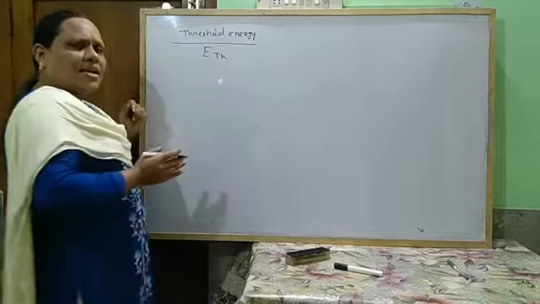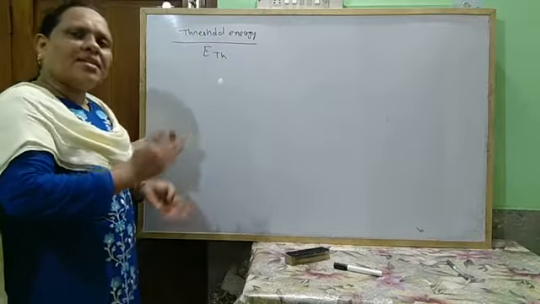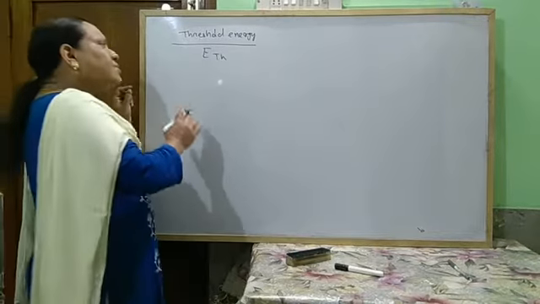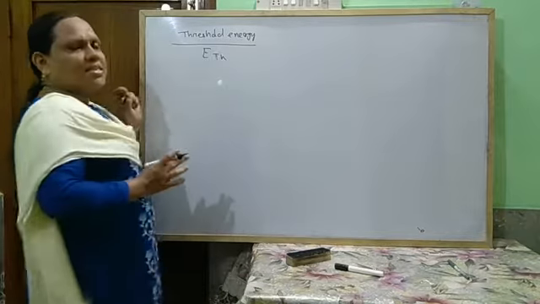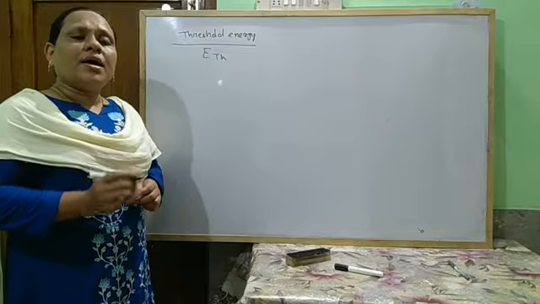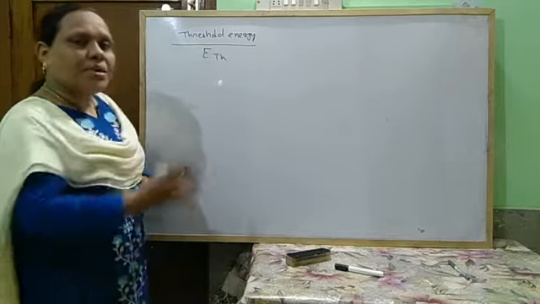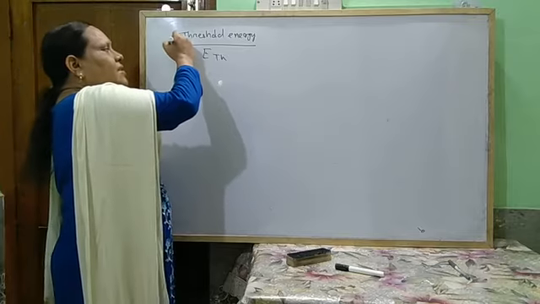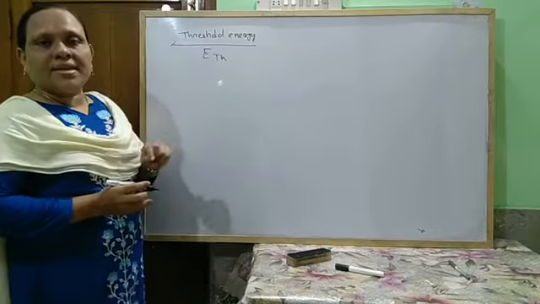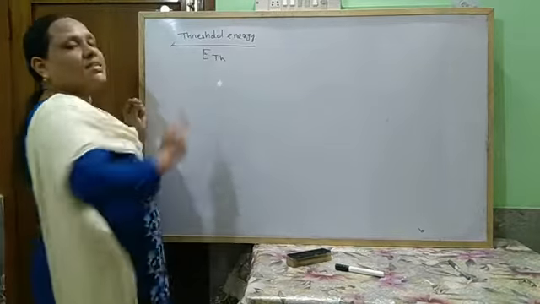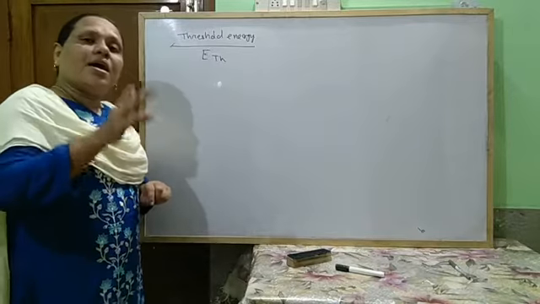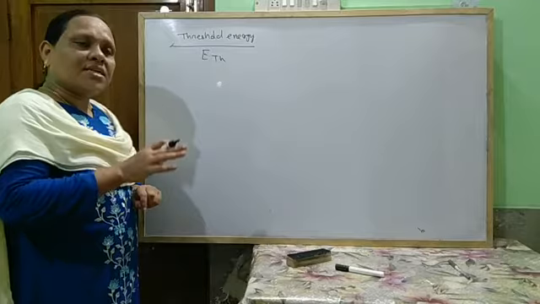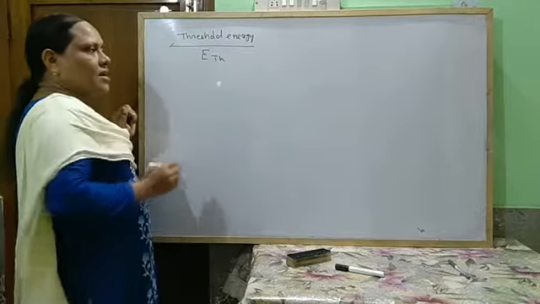Next, generally all the reactant molecules have less energy than this threshold energy. How do these reactant molecules reach the threshold energy? We have to supply some amount of energy to them.